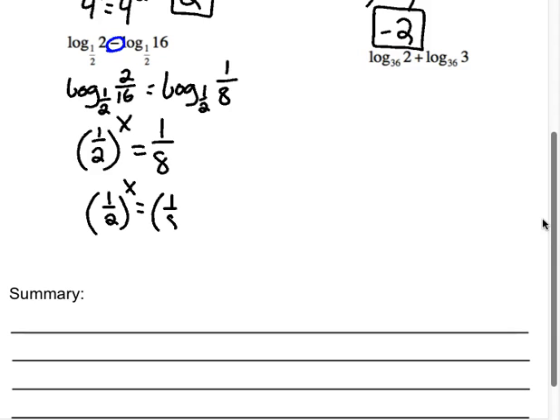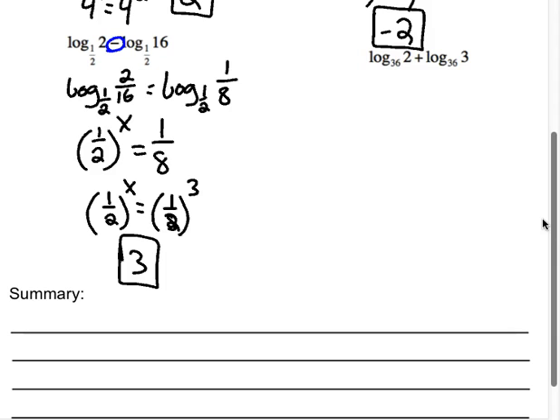Well, 2 to the third gives me 8. So if I take that to the third power, that is what's going to give me the 8 down there. And so that's going to leave me with 3. 1/2 to the third power gives me 1/8.